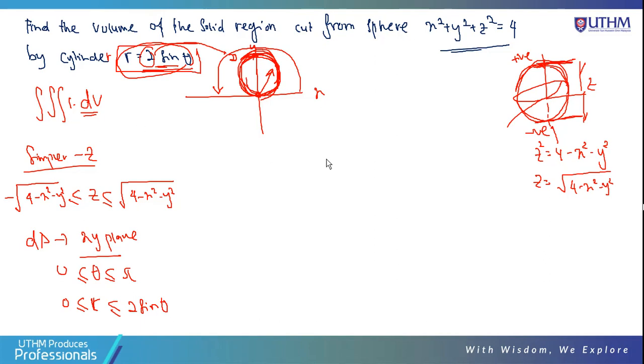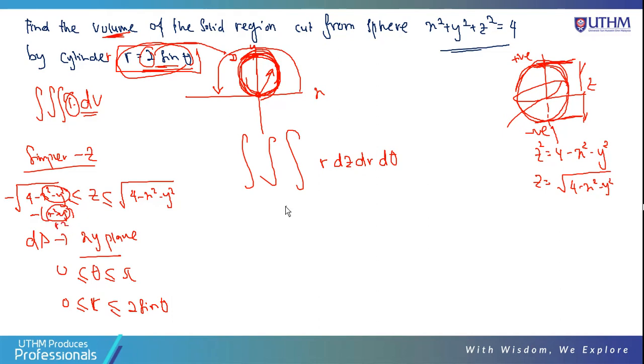So you dah tahu you pilih z, so dV equal to r dz dr d theta. So volume, so this one adalah satu sajalah, 1 lah, so tak payah tulis. So triple integral z start from, because you already change all in the cylindrical coordinate, so no more variable for the xy. So this one represent for negative square root of x square plus y square, and x square plus y square is the r square.